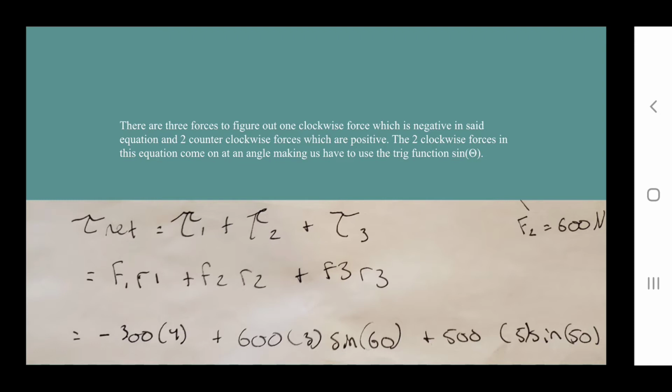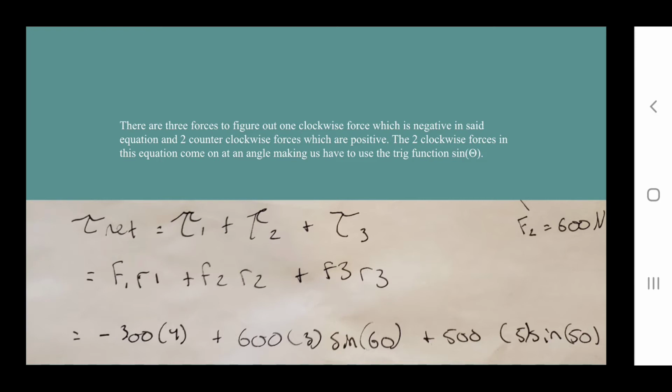You would normally just multiply the forces and the radius together from the center axis, but in 2 cases here we have to add an angular force with a trig function, sine. This is also quite easy because all you have to do is add one more step of multiplying by sine of the angle that you get for torque.